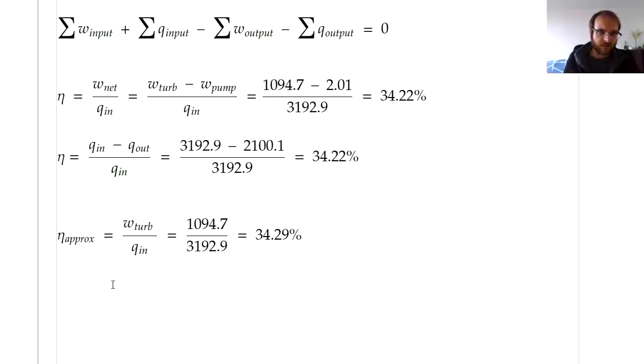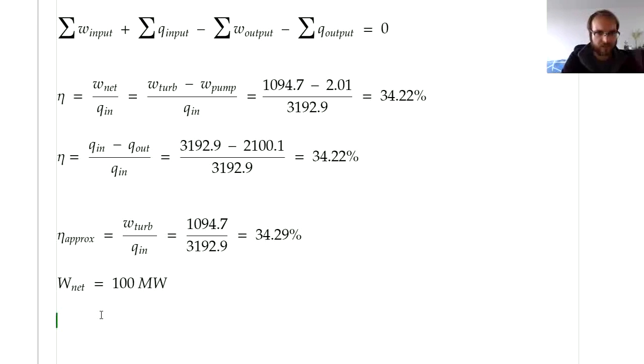Now, the problem statement said that we want to calculate the parameters also for an absolute net work output of 100 megawatts. And the question is, what is the mass flow rate of the steam within the cycle?